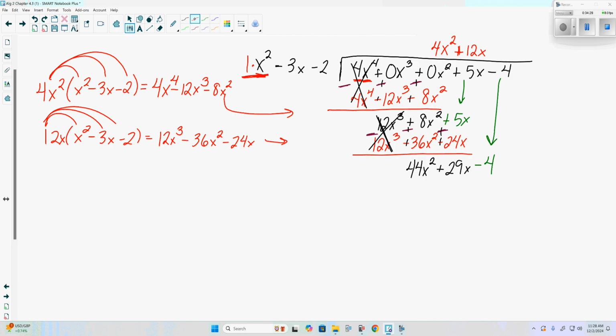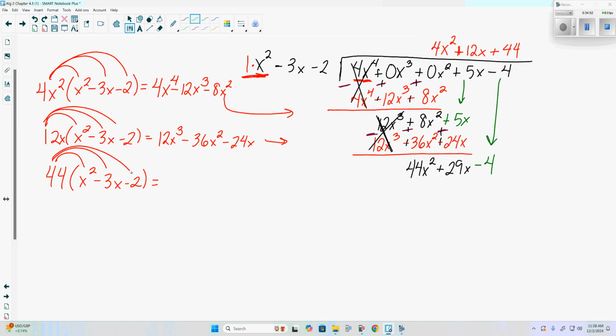Lastly, what times x squared gives us 44x squared? Plus 44. And again, just like before, we're going to distribute through.